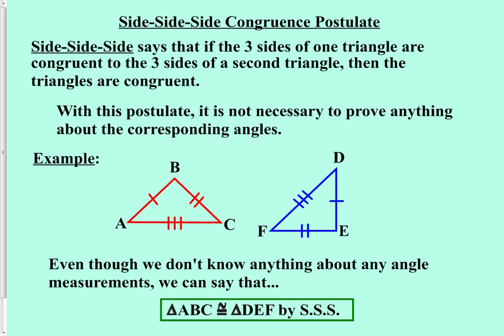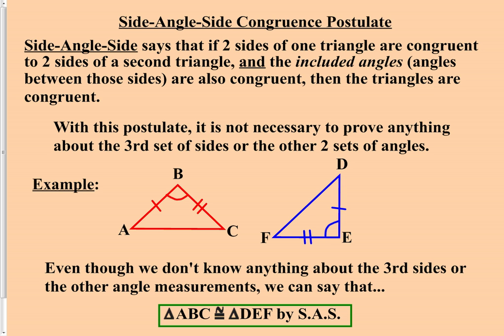Now, of course, remember, anytime you use one of the shortcut postulates or theorems, you are required to identify which particular one you used. So this is not a, is it congruent, yes or no, let me toss a coin and see what I think. If you're going to say that they are congruent, you will have to say that they are congruent by, in this case, side, side, side. And if you can't pick the correct shortcut, then that is just the same as missing the entire question.